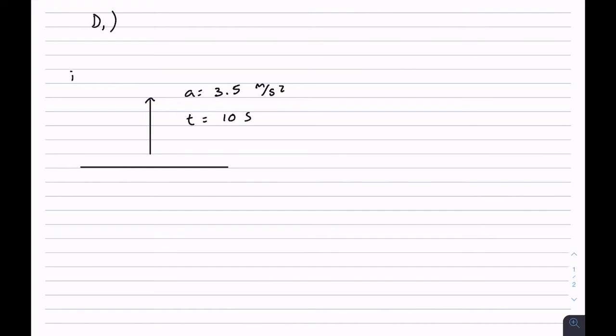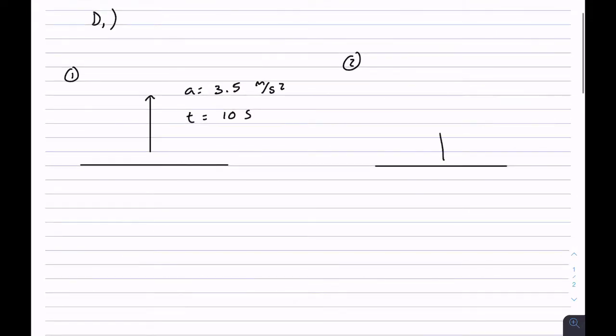That's scenario one. We have scenario two, where that fuel burns out, and after 10 seconds, we are no longer left with an acceleration of 3.5 meters per second squared. We are only left with the acceleration of Earth's gravity, negative 9.81 meters per second squared. Okay, we don't know the time.